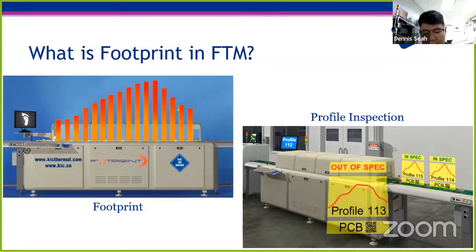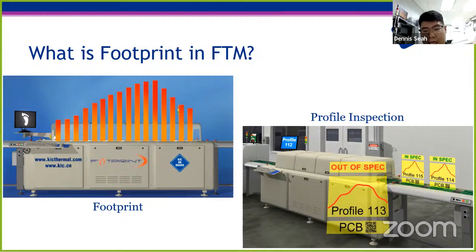When we take the profile of every board, we are able to know the temperature of the board, but we are not able to know the intermittent fluctuation in the oven. That means the fluctuation might happen once in a while, or it might occur somewhere in between the profiles.